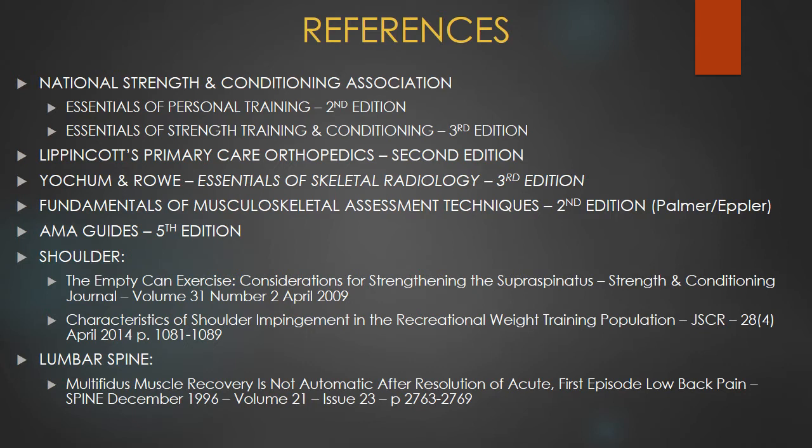I'll be drawing on some physical examination procedures from Fundamentals of Musculoskeletal Assessment Techniques, a fabulous textbook by Palmer and Epler, a couple of physical therapists. I'll also make a brief reference to the AMA Guides, 5th edition, and those of you who are qualified medical evaluators will recognize those references.